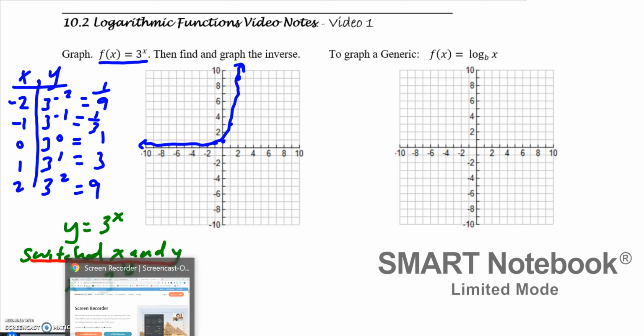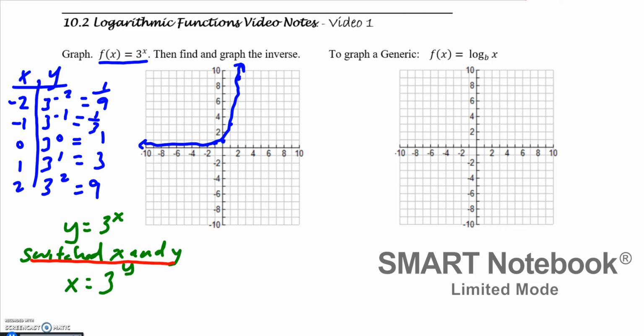And we have a table here. So what if, instead of solving this completely for y, I made another table, and this, I'm going to write, is really what the log graph is going to look like, because logs and exponents are inverses. Every single y is going to become an x, and all the x's are going to become y's.